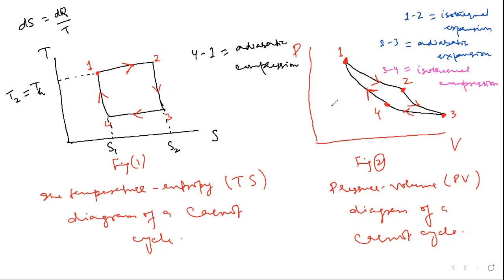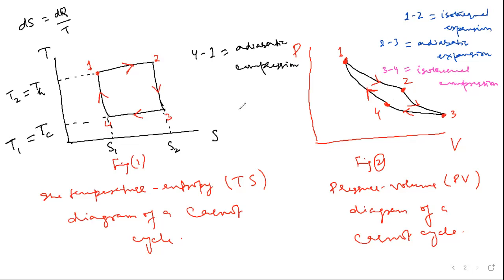Right. Then from 3 to 4, we have isothermal compression. So what is happening? From 3 to 4, the temperature of the system is the same as the temperature of the cold reservoir, right? Because it is in thermal contact with the cold reservoir. So from 3 to 4, the temperature of the system is TC, temperature of the cold reservoir, which we now call T1, right?